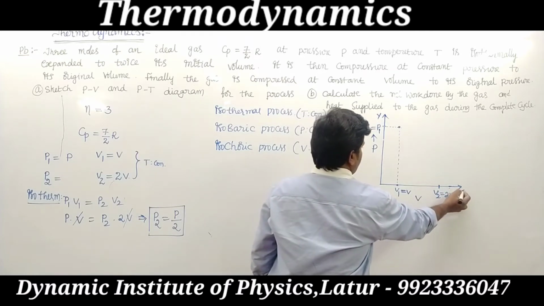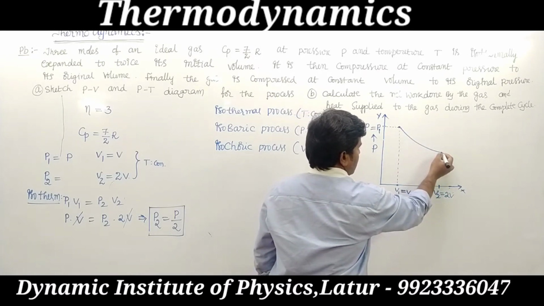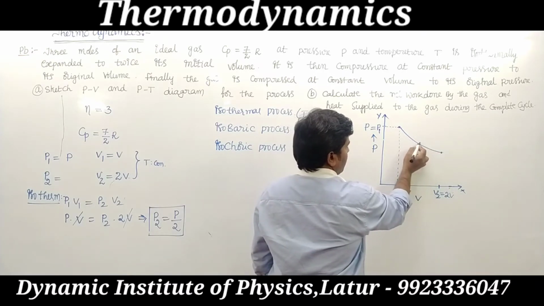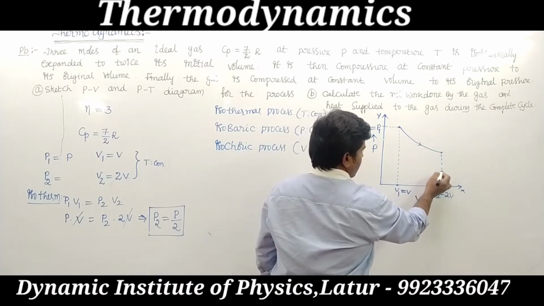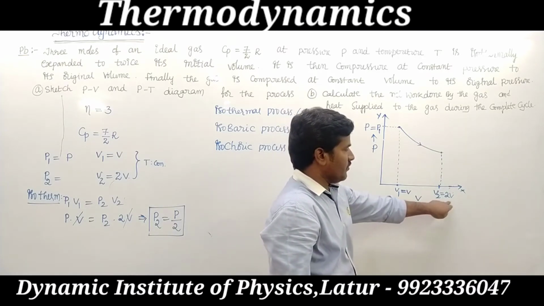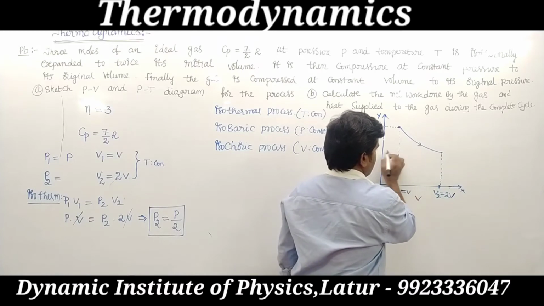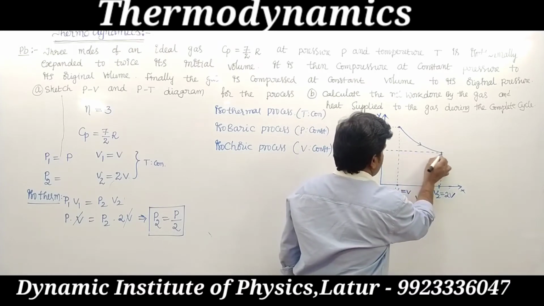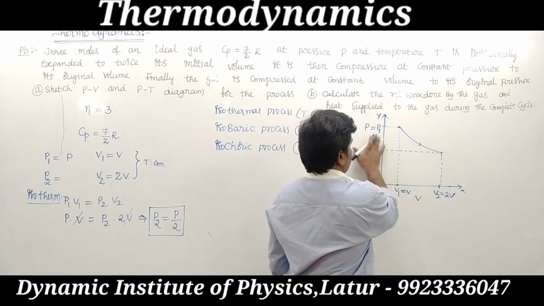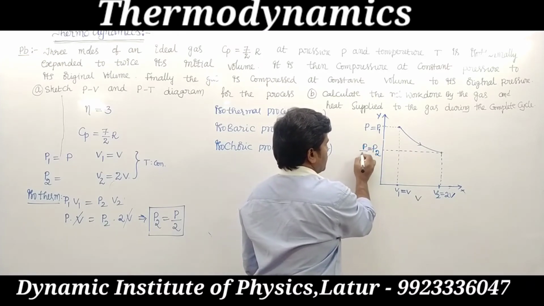Volume becomes 2V. In this condition, volume increases, then pressure decreases. At final volume V2, that is 2V, the pressure becomes P2, which is P upon 2.